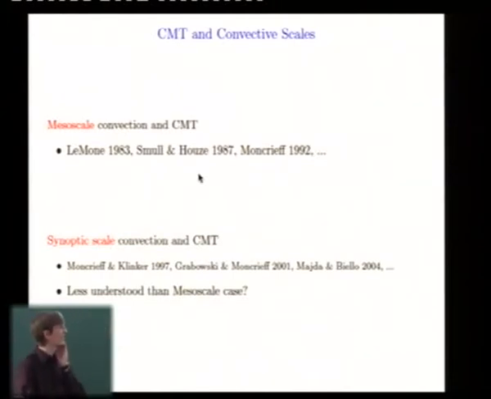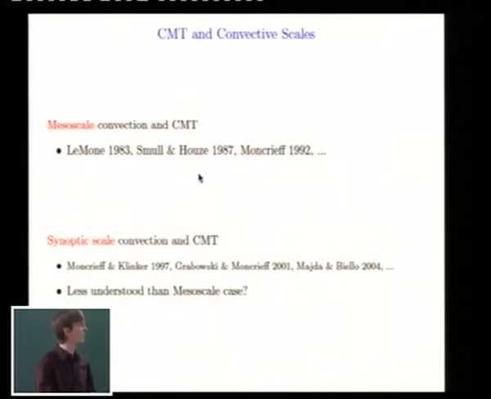Okay, that's at least one aspect of the picture of mesoscale convection and convective momentum transport. There's been a lot of work done trying to understand that type of thing. Another aspect, which will probably be more of the focus in this talk than mesoscale, is convective momentum transport due to synoptic scale convection, so convectively coupled waves.